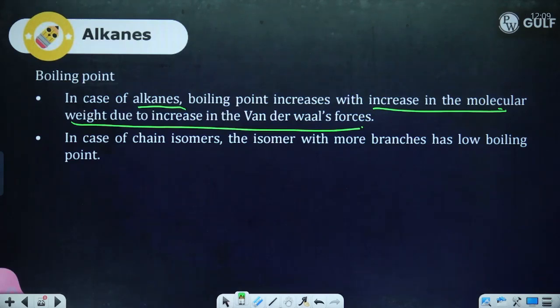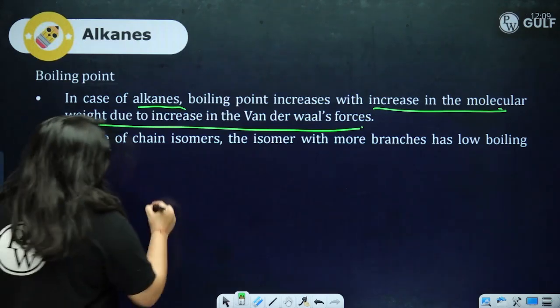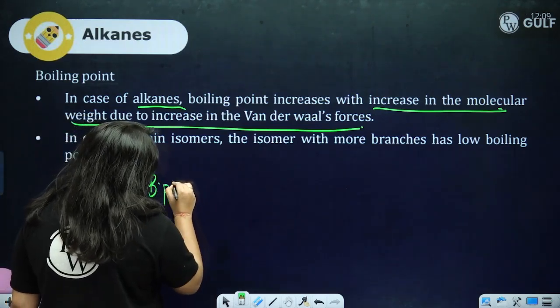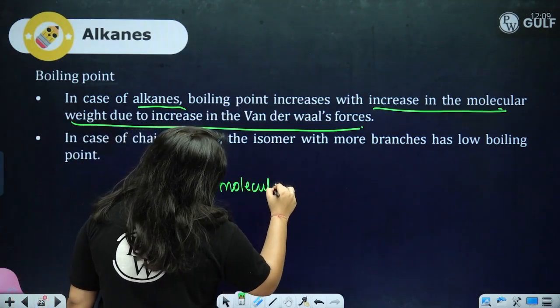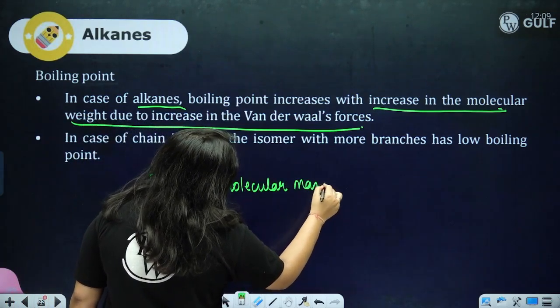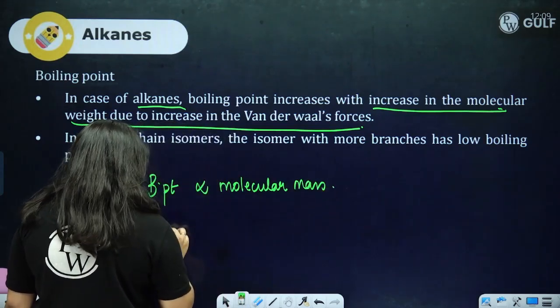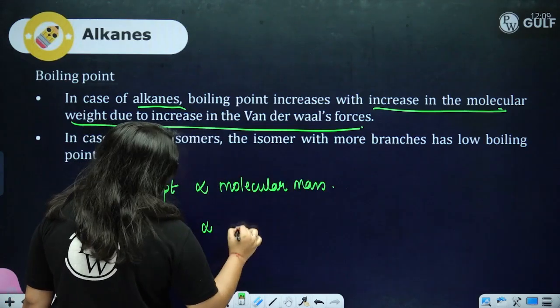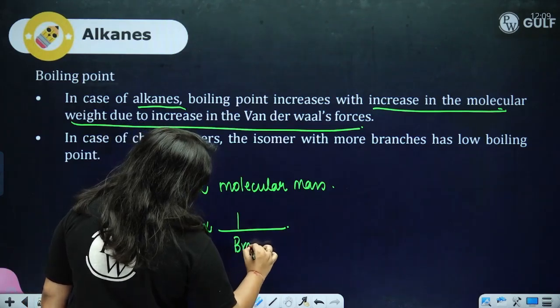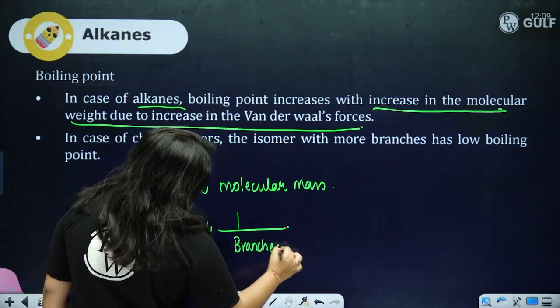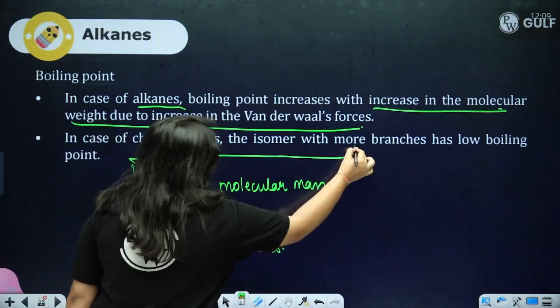So what you need to know over here is that boiling point is directly proportional to molecular mass, and for chain isomers, boiling point is inversely proportional to branches. That is, more are the number of branches, lesser will be the boiling point.